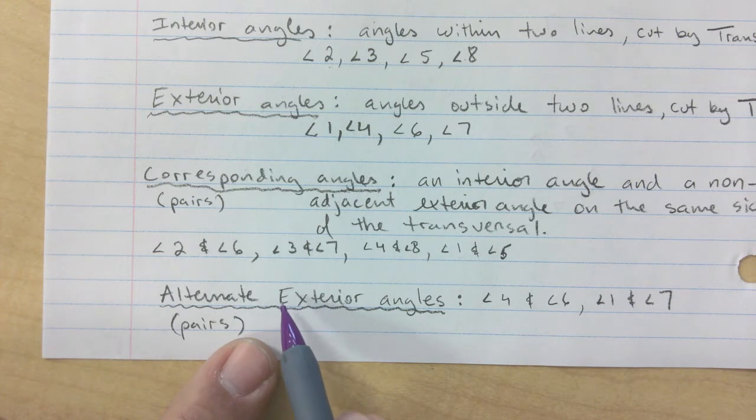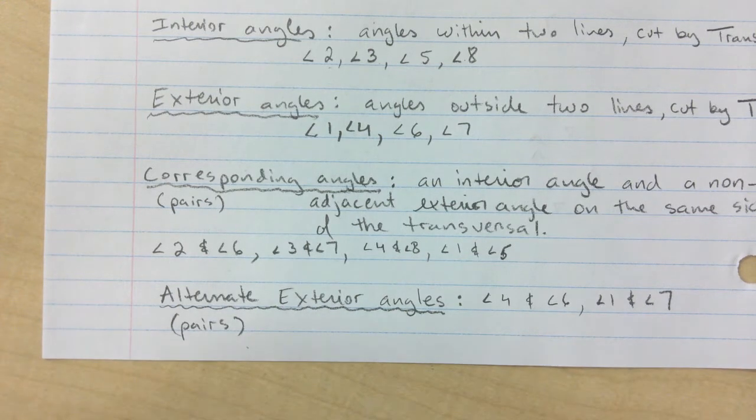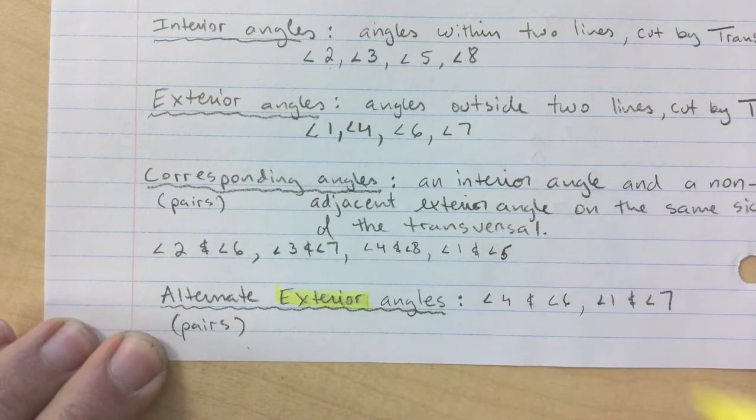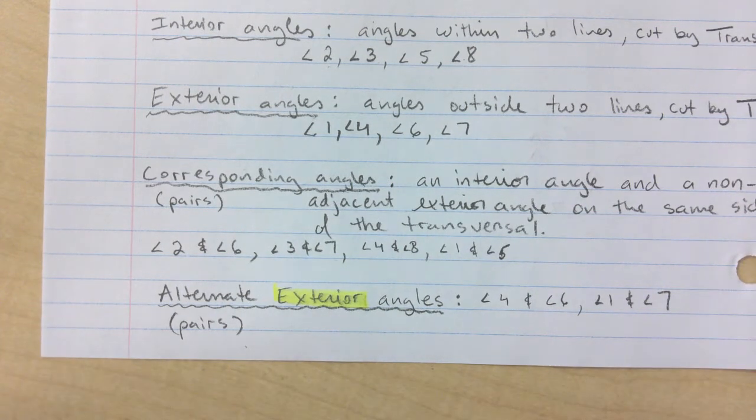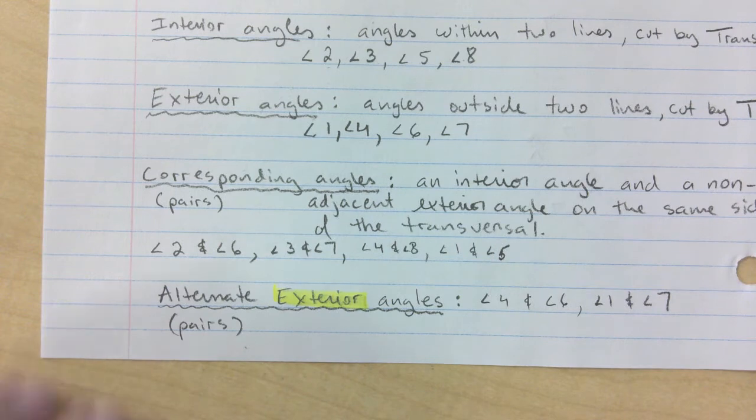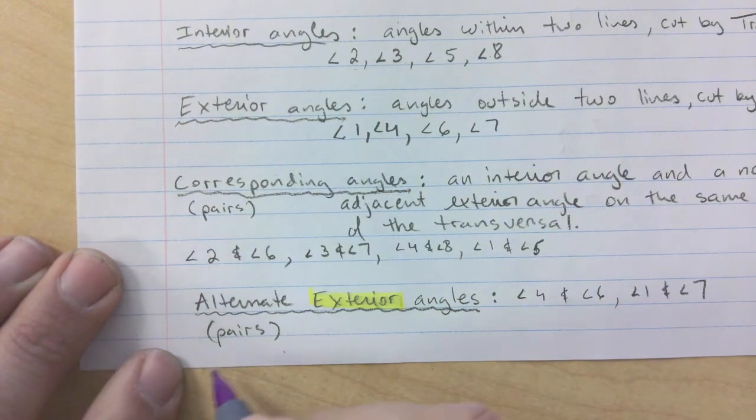So the name says it out, right? Alternate exterior. So they're all on the outside of those two lines that are crossed by the transversal. And I know it's going to be a little tight here, but I'm going to do that anyways.